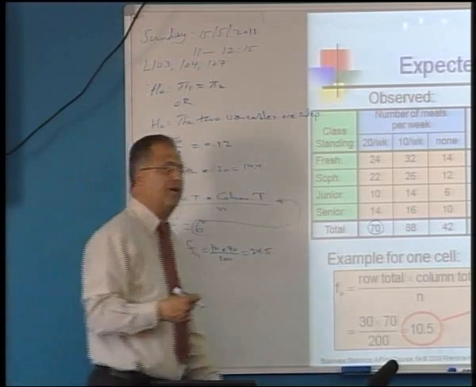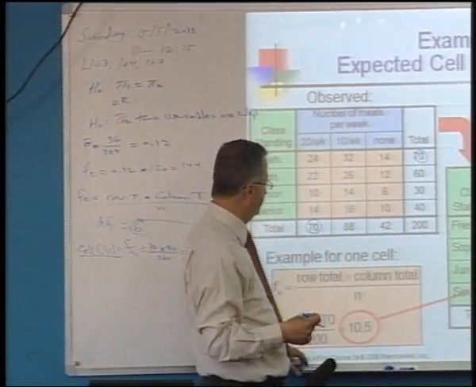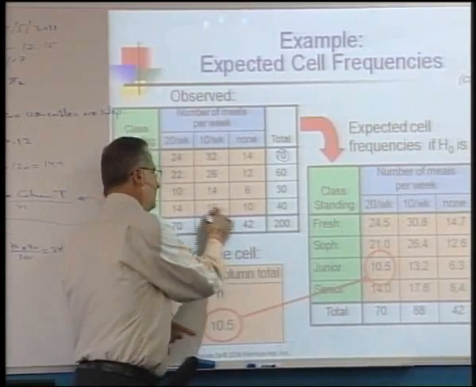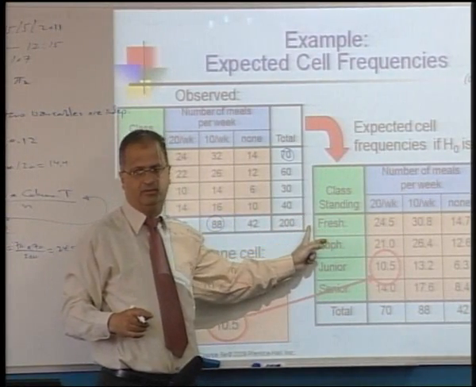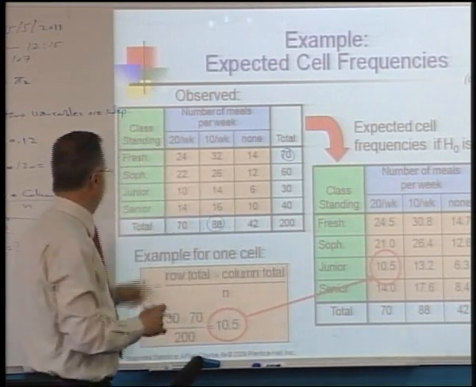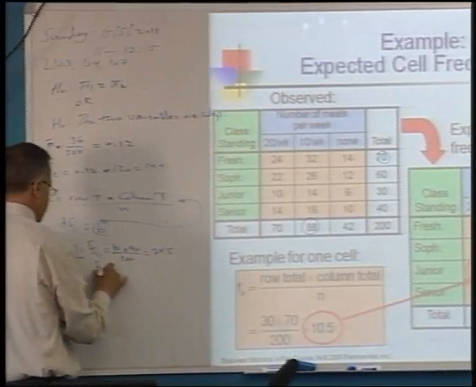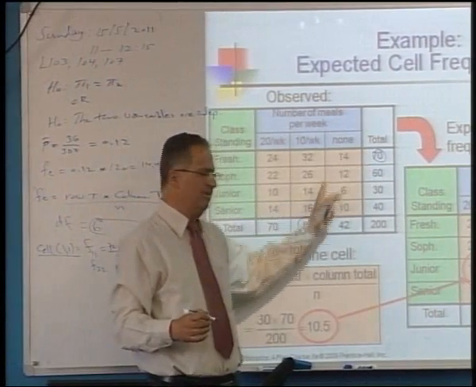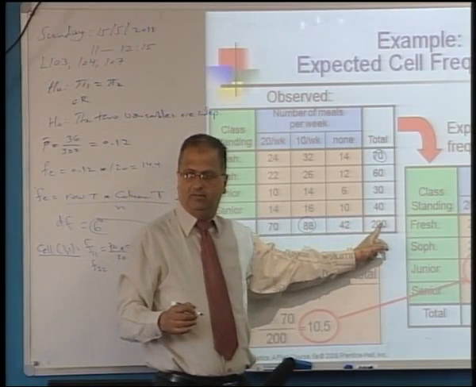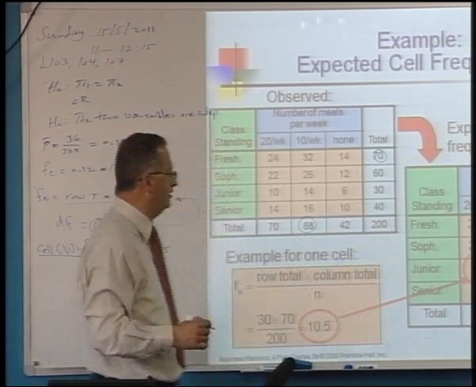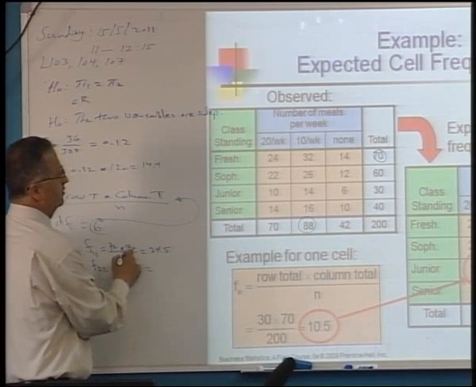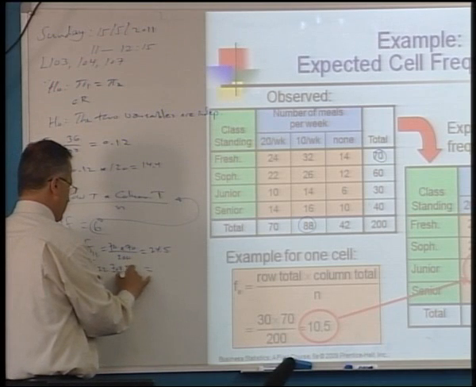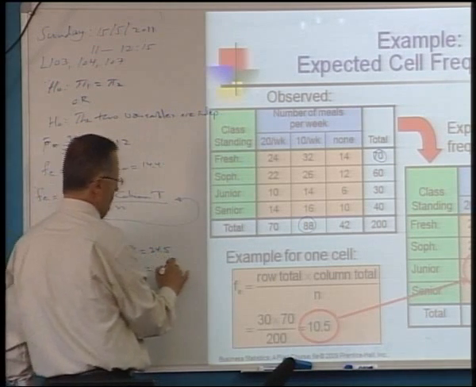Similarly, for the second cell, for 32, it is 70 times 88 divided by 200. So for F12, again it is 70 times 88 divided by 200, and that will give 30.8.